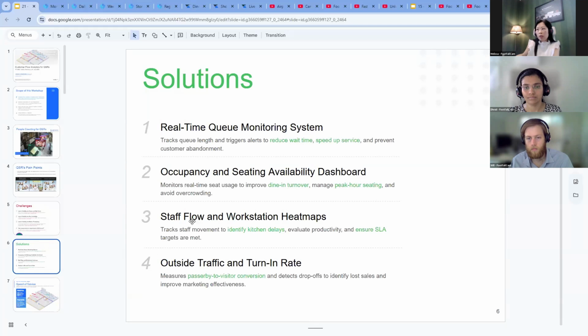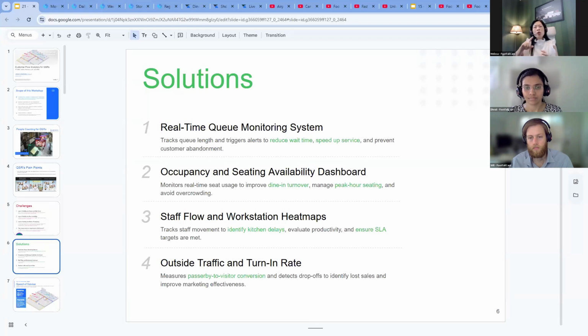The third one we can produce is the staff flow and workstation heat maps. Now, this is really measuring the kitchen efficiency. We can visualize the staff movement and the workflow across the kitchen and service area. It's used to assess overall productivity. Now, this is very important: without breaching individual employee privacy, we use a privacy mask, and we're not recording anything related to the individual person.